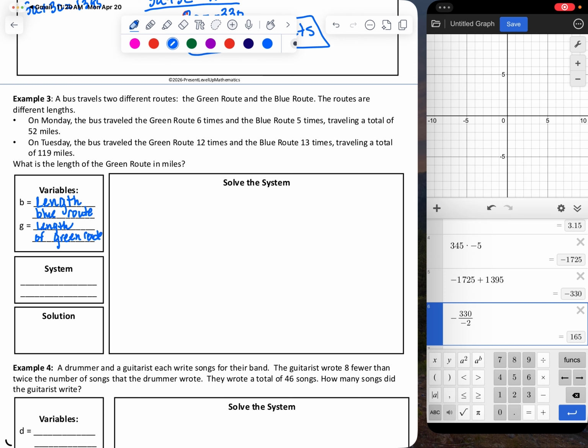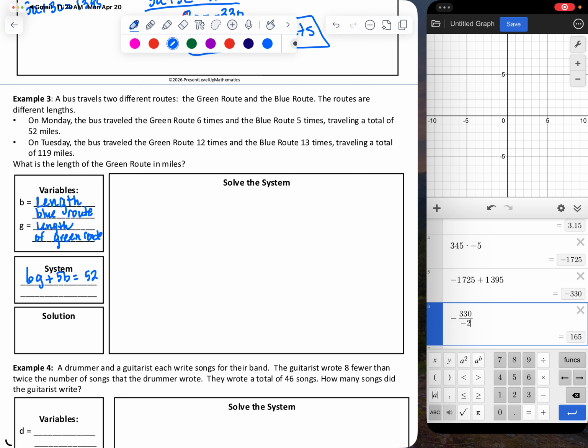On Monday, the bus traveled the green route 6 times and the blue route 5 times for a total of 52 miles. So 6G, and the blue route 5 times, plus 5B, and that equaled a total of 52 miles.